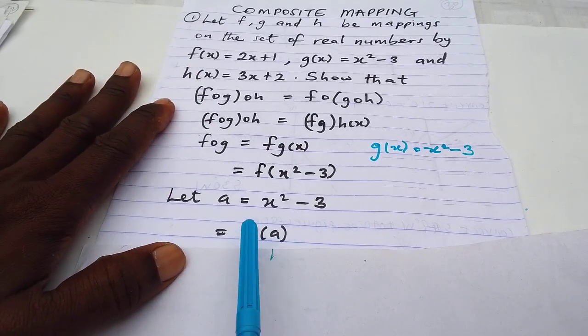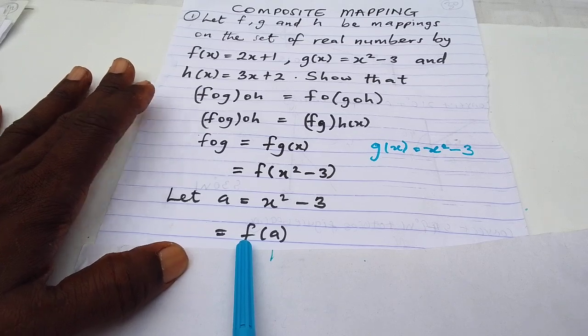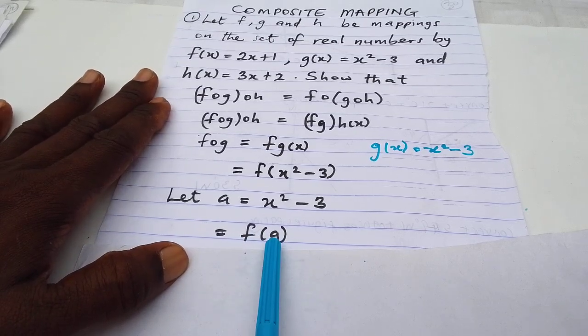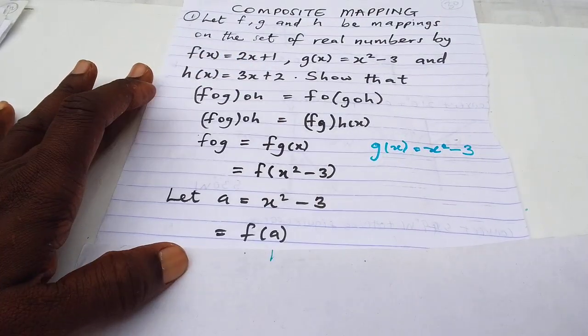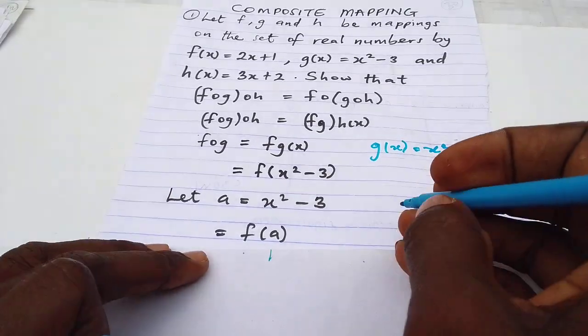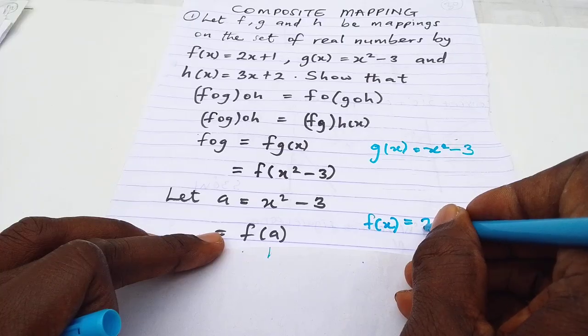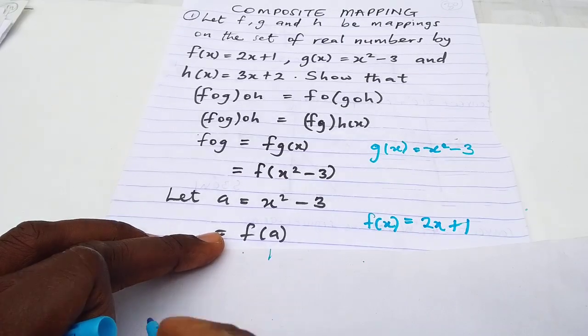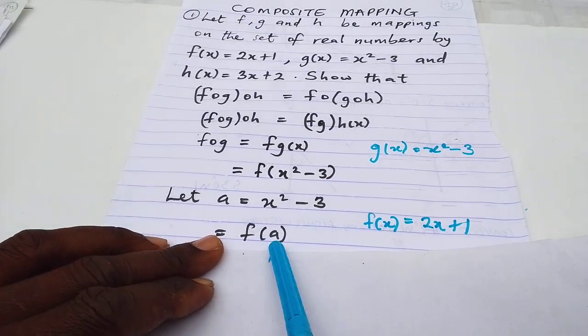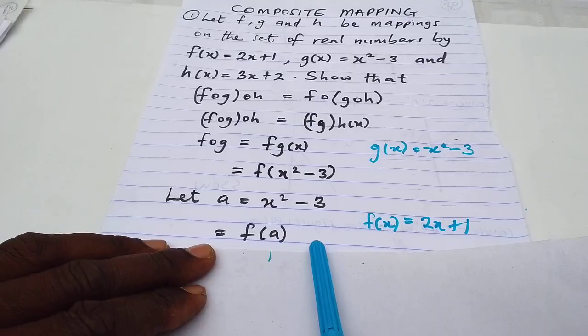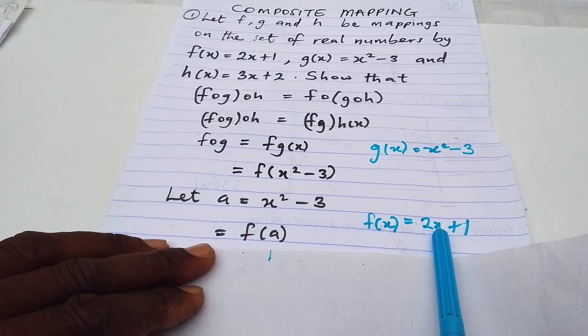So now for you to remove this f, that means you are going to substitute a into the mapping of f of x. You know f of x is 2x plus 1. So since you are having a here, anywhere you see x here, you are going to put a.